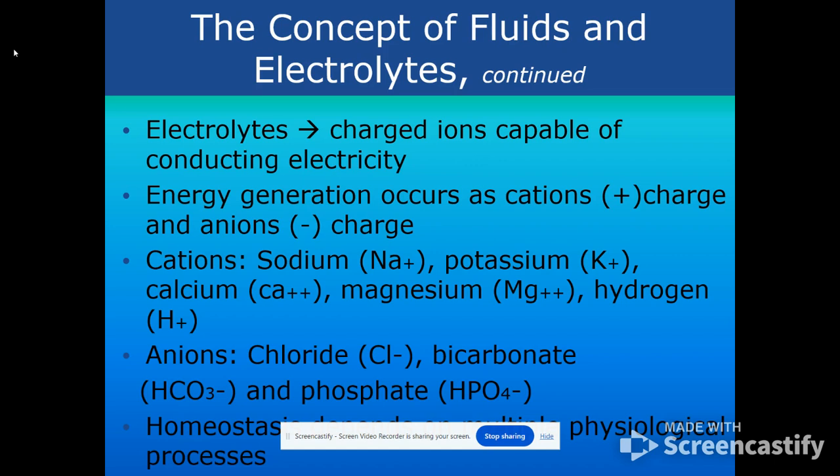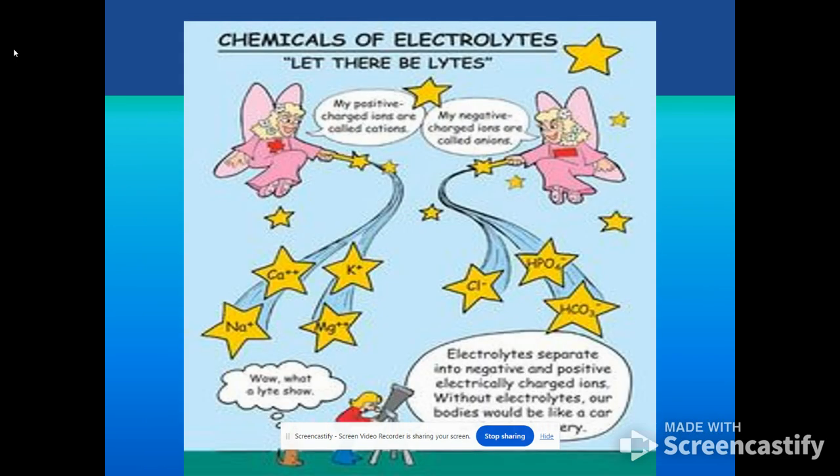An imbalance can affect somebody who has a chronic illness and create an acute illness, and vice versa, chronic and acute illnesses can create an imbalance. It depends on what kind of illness is happening, whether it's chronic or acute, and how it affects the patient. Here are some of the electrolytes, positive versus negative ions.